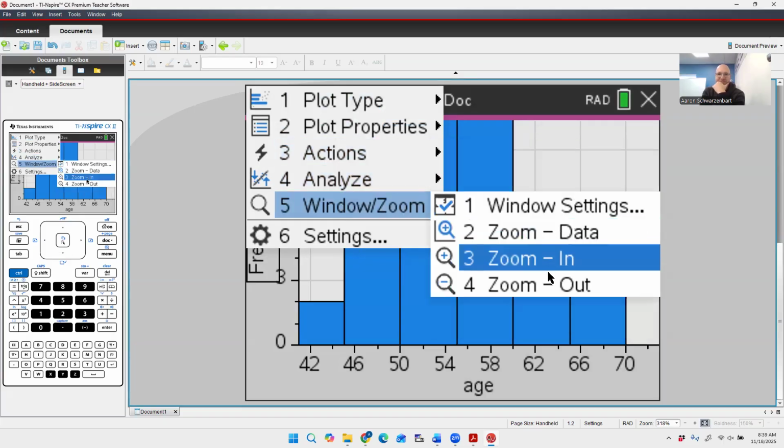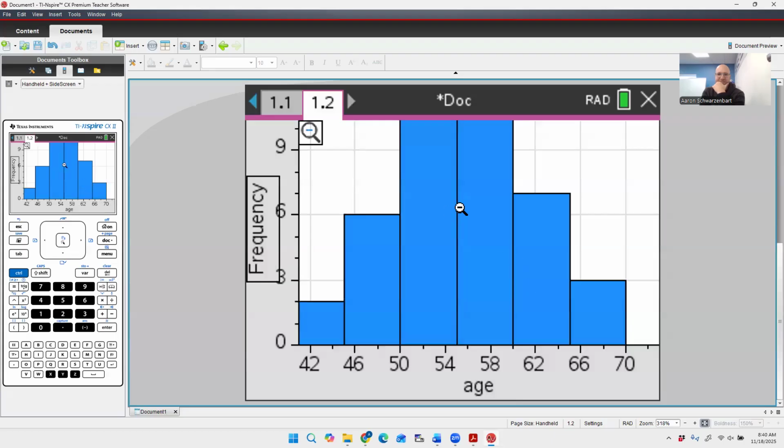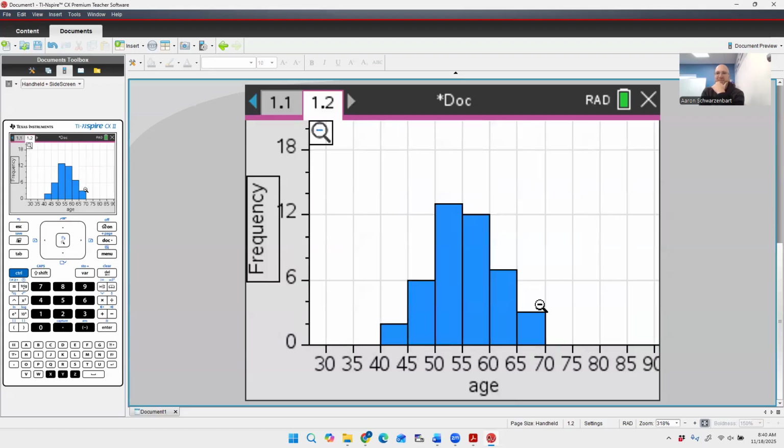Window, yeah. Okay, there we go. Usually it'll redo it when you change, if you just re-add the X variable, it'll rescale it, but it didn't. So I zoomed out. This shows me a nice histogram. Looks pretty symmetric, doesn't it?